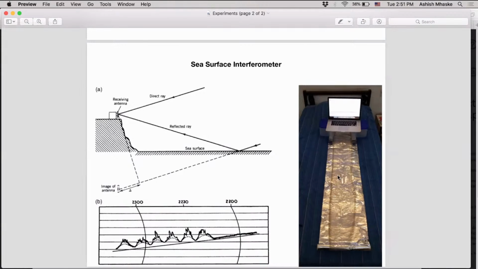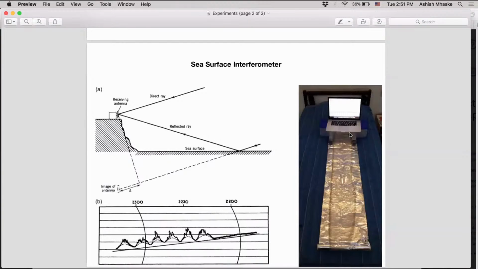So this is the rough setup. Again, I will mention that it is not recommended to do this on a bed, but if you don't have an option, you can try it. You can also try varying the height of the laptop above this surface and see the difference in this pattern.